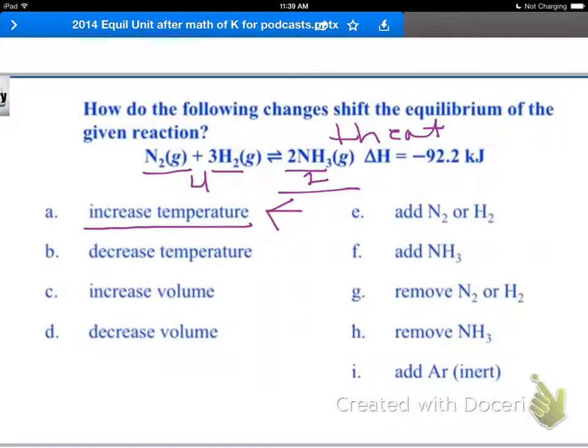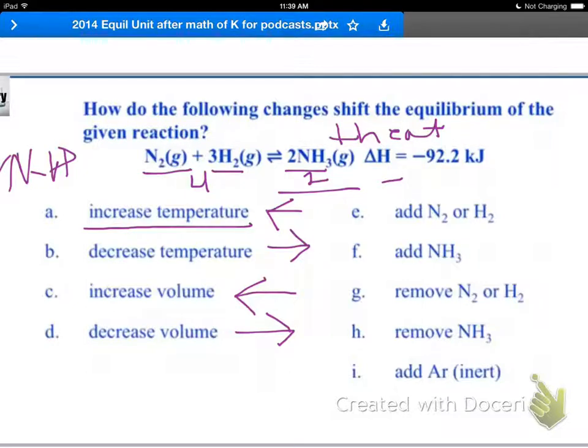So therefore, if I decrease the temperature, if this goes down, it's going to shift right to compensate. If I increase volume, I decrease pressure. In order to increase pressure, I have to shift left where I have more moles. Likewise, decreasing volume, I'm going to have to shift right where I have fewer moles.